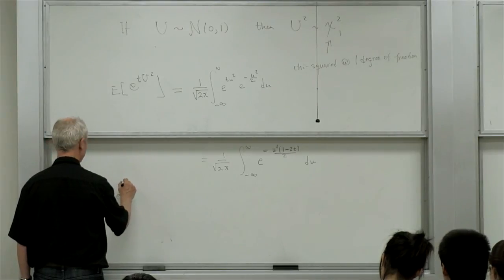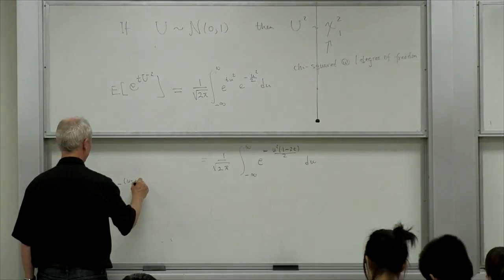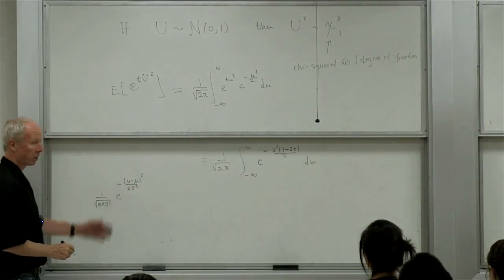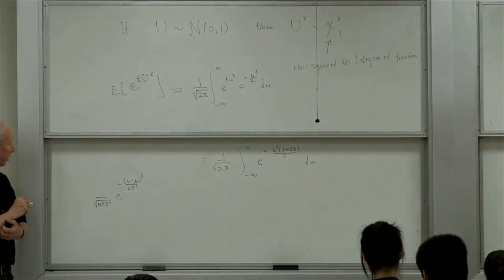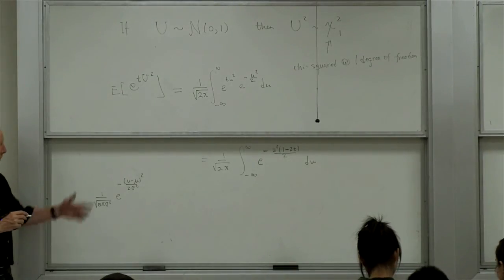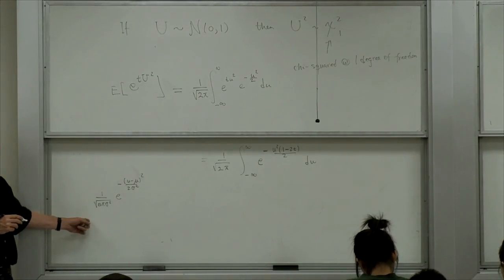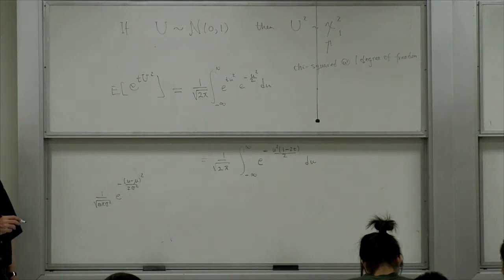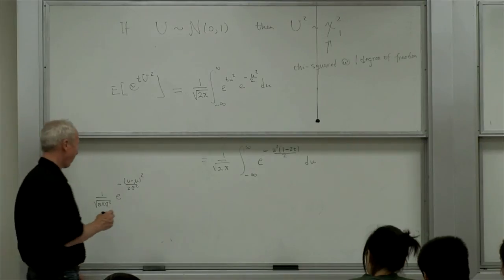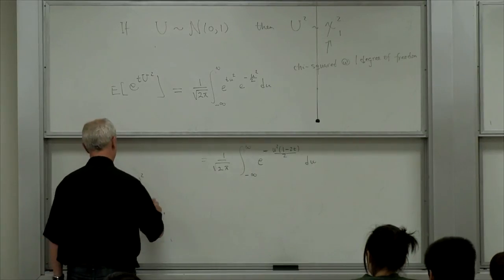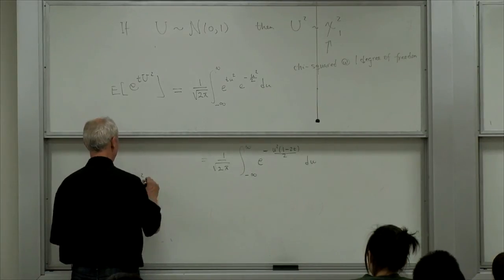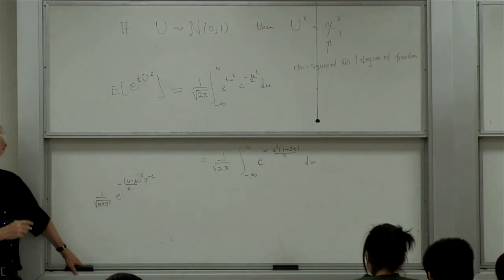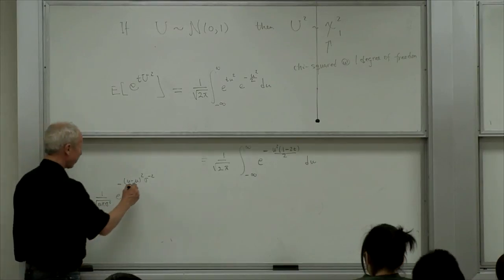A general normal density is like this. This is the density for normal with mean mu and variance sigma squared. Does that look like this? Not exactly, but not too far. Have I changed anything? Well, I cosmetically changed something, but is this different?